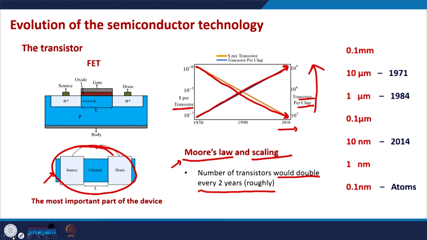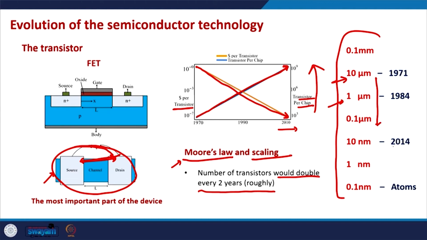Okay. The thing is that this is essentially the trend. In the 1970s, the channel length, the length between the source and the drain, was roughly 10 micrometers. In the 1980s, it was around 1 micrometer, and this trend continued.